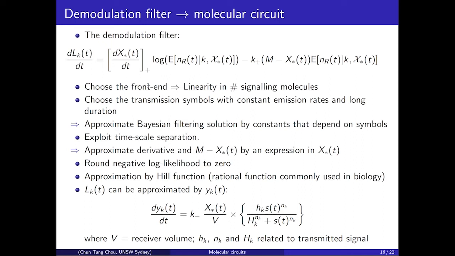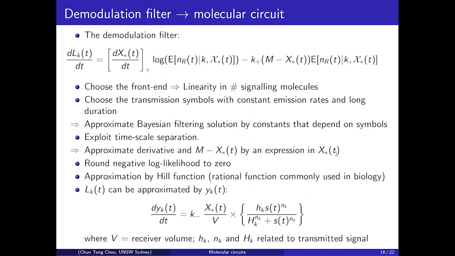Once we can do that, we can approximate the Bayesian filtering solutions by using a constant that depends on the symbols. So we bypass solving a Bayesian filtering problem. Also, because we have used a long duration, we can use timescale separation. By that, we can approximate this derivative term, and we can also approximate that by an expression x star t.